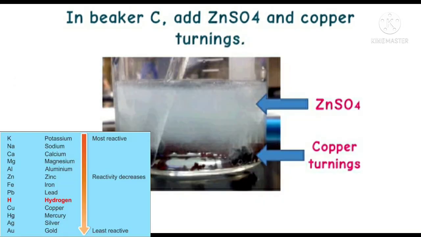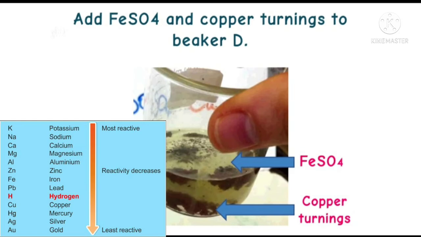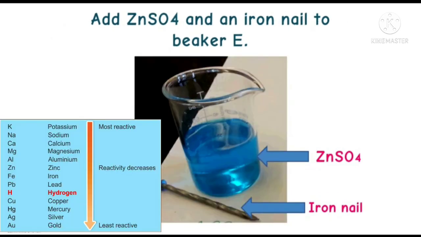In beaker C, copper is less reactive than zinc, so no reaction takes place as copper cannot replace zinc from its solution. In beaker D, copper is less reactive than iron, so copper cannot replace iron from its solution, therefore no reaction takes place. In beaker E, iron is less reactive than zinc, so iron cannot replace zinc from its solution, hence no reaction takes place.